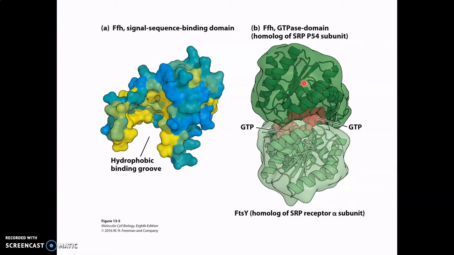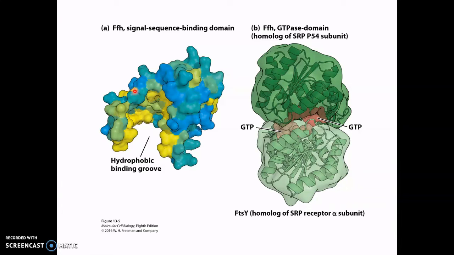So the SRP molecule has a GTP binding site, and the receptor itself has a GTP binding site. And what's important about this is that these two will only interact if they are both bound to GTP. Okay, so GTP is a requirement in this association.